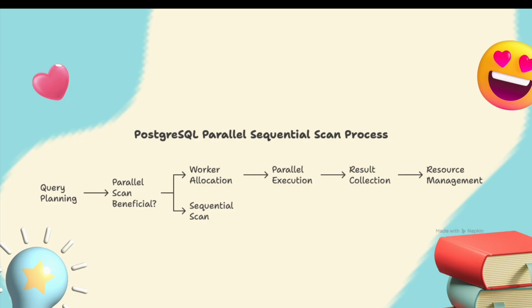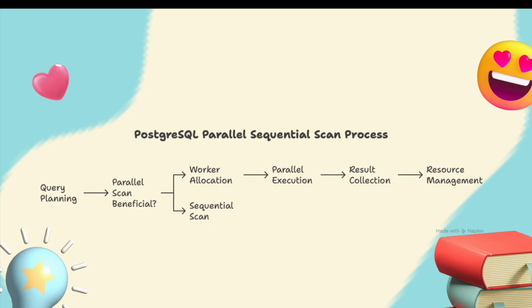Based on my understanding, I have created this diagram. In query planning, the query planner evaluates whether a parallel scan is beneficial based on the table size, selectivity, and available resources. If chosen, a Gather or Gather Merge node is included in the plan.